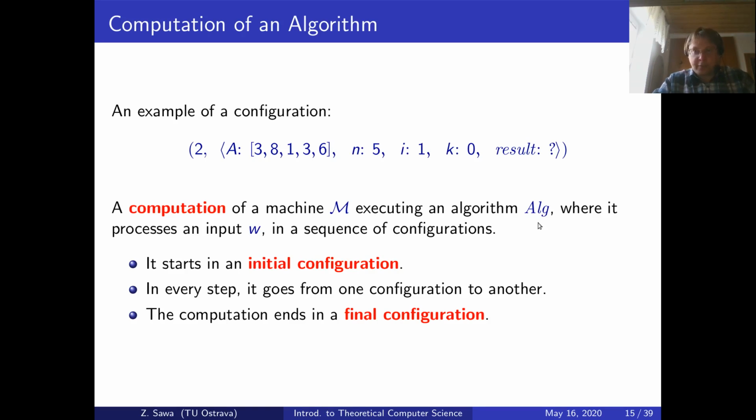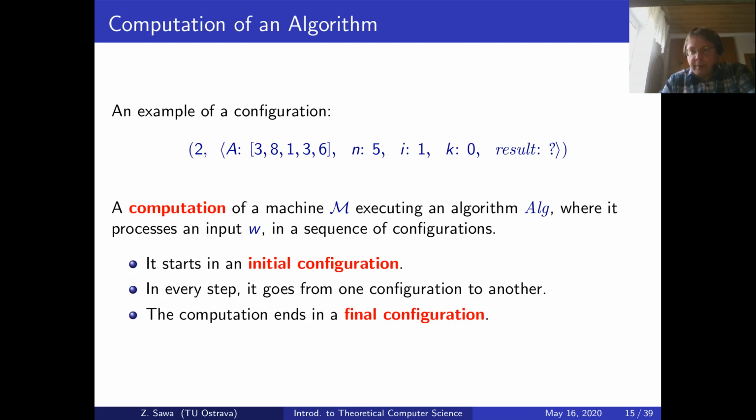For example, if we would use this representation by control flow graph, in every step it will just go from one configuration to another by performing the corresponding instruction, by performing the given transition between these configurations, and it could possibly end in some final configuration where the machine halts and produces the result that was computed by the machine.